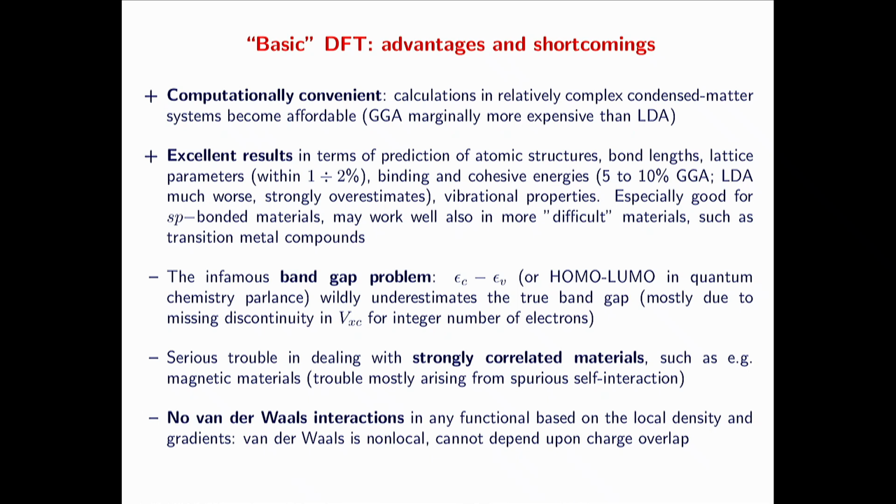They are interactions between fluctuating dipoles, which in principle are non-local. And so there is no way to account for van der Waals interactions using this so-called semi-local approximation. They're called semi-local because they use the local value of the charge density and of the gradients.